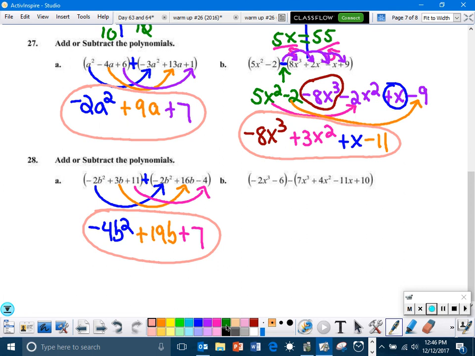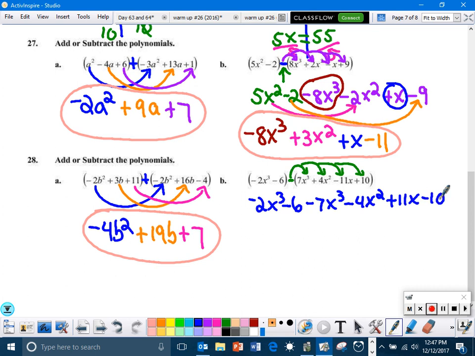Again, over here, we've got this minus sign here, so we're going to have to rewrite the problem and change those signs. The first one does not change, but the second one does. Again, notice how the signs all changed to their opposites.